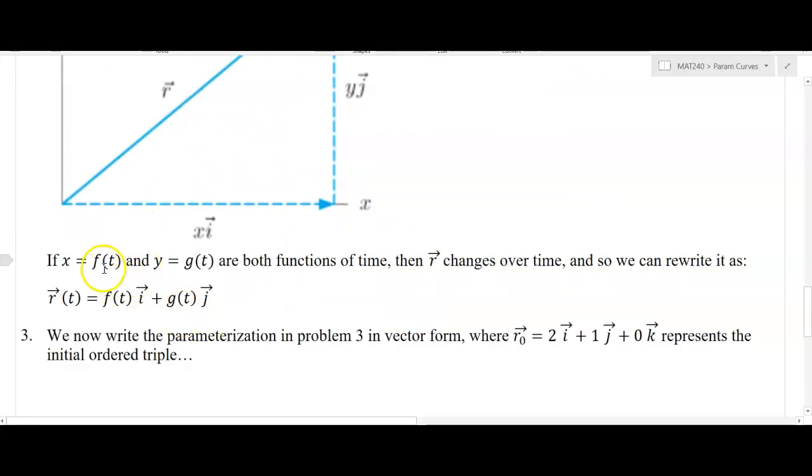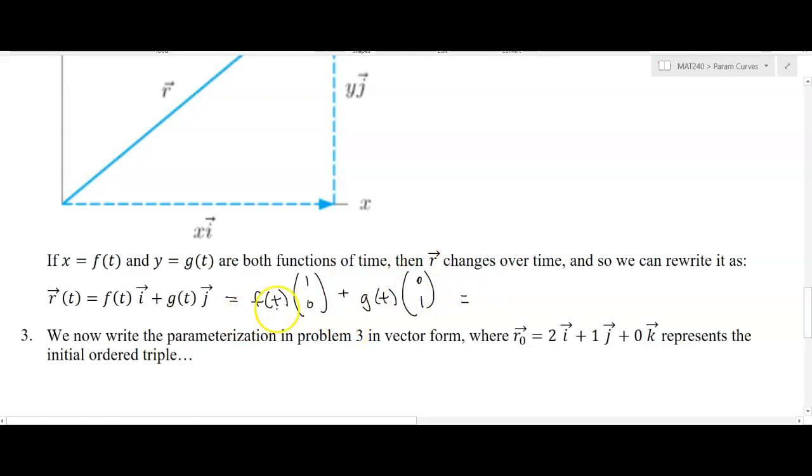Now if x is a function of t and y is another function of t, then r changes over time, and so we can write it as r of t equals the f of t function times i plus the g of t function times j. And remember, all that means is f of t times i is simply the (1, 0) vector, and g of t times j is simply the (0, 1) vector.